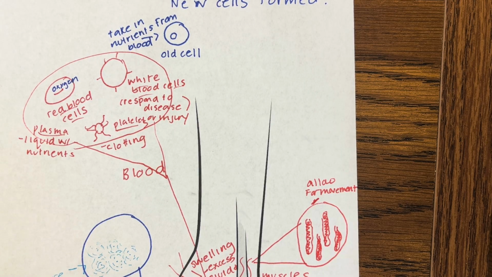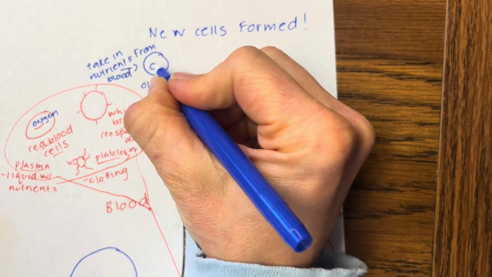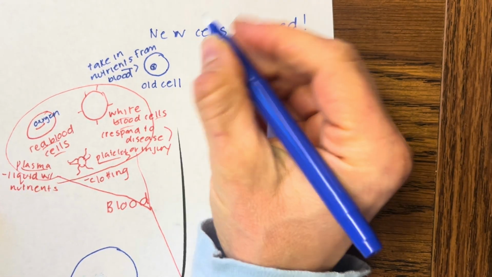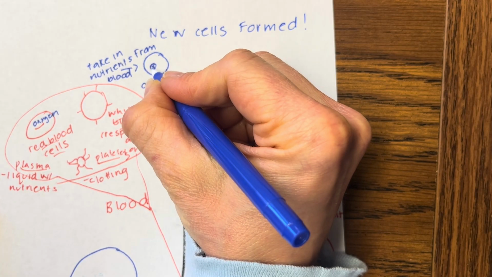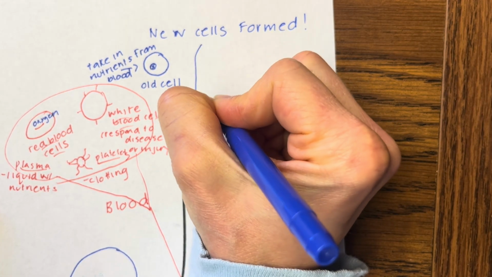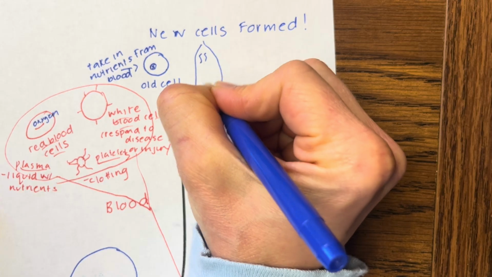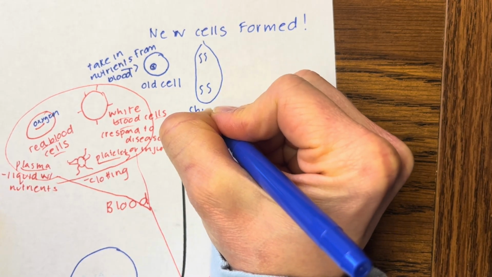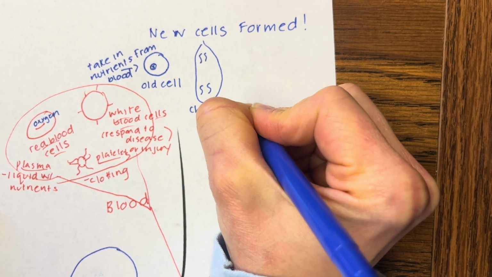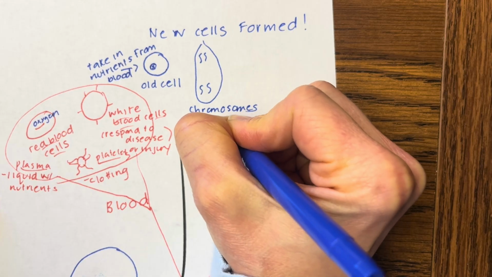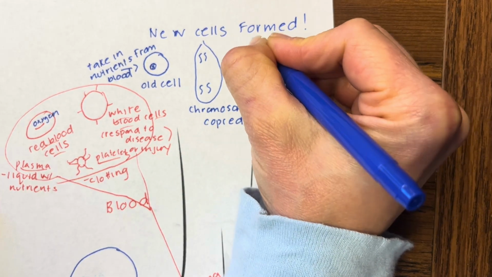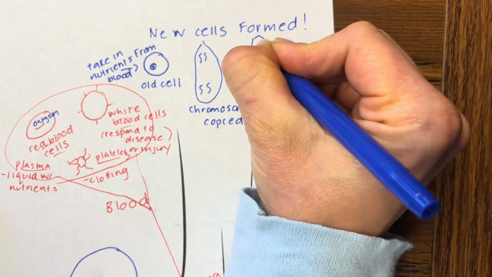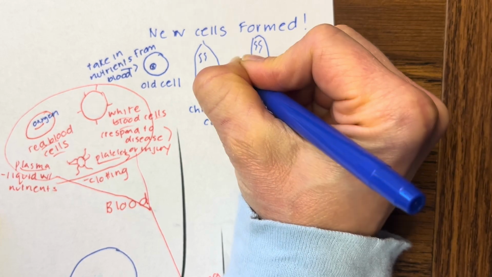Once that cell has the nutrients that it needs, it's able to take that information in its nucleus, its chromosomes. Chromosomes are copied. They move to other ends of the cell.